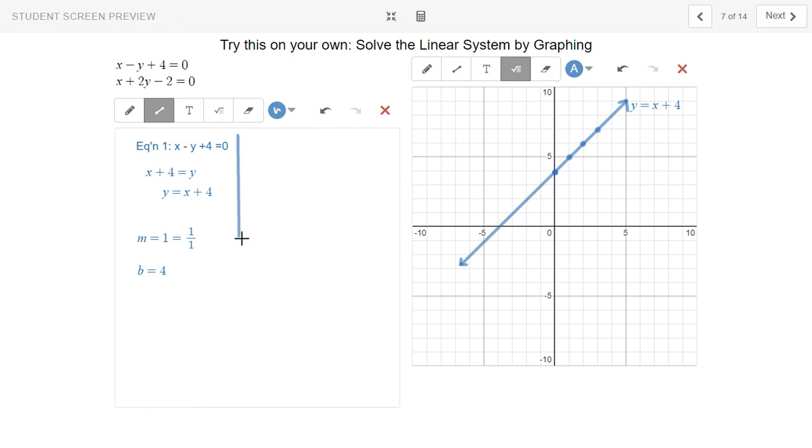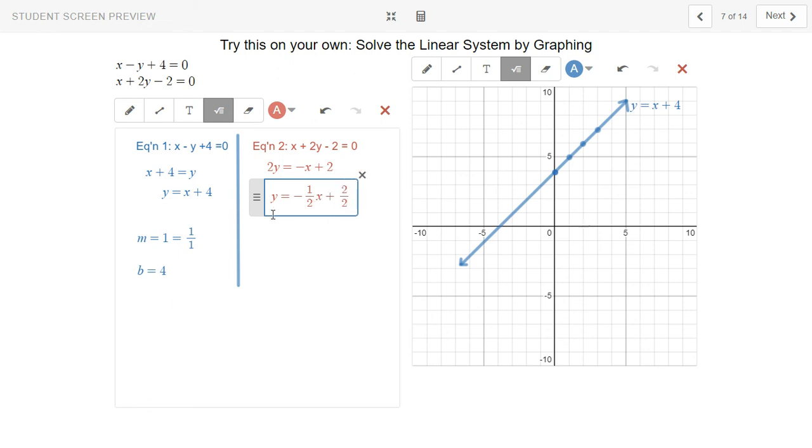Second equation that we're going to look at, x plus 2y minus 2 is equal to 0. Let's rearrange. 2y is equal to negative x plus 2. Divide everything by 2. y is equal to negative 1 over 2x plus 2 over 2.